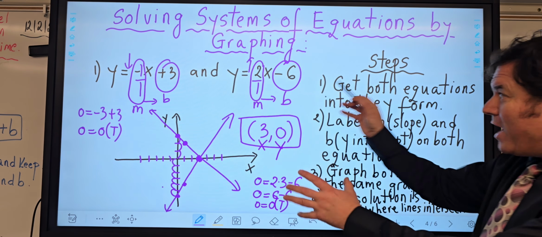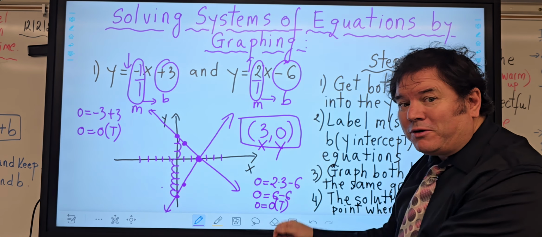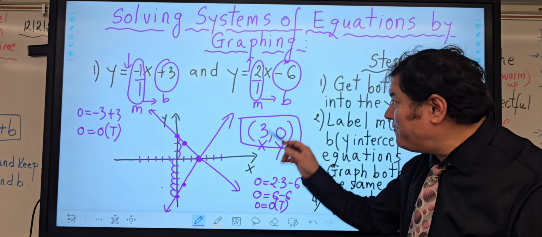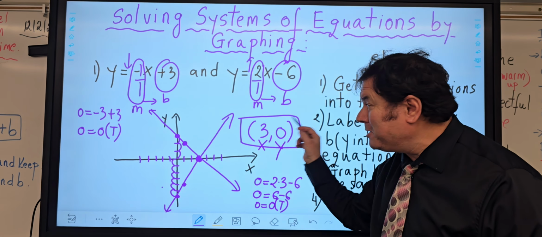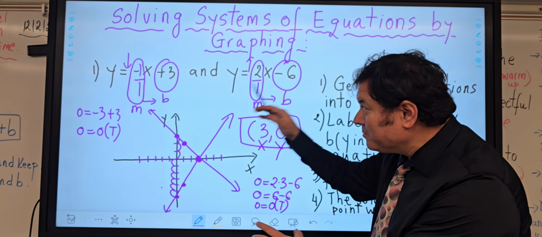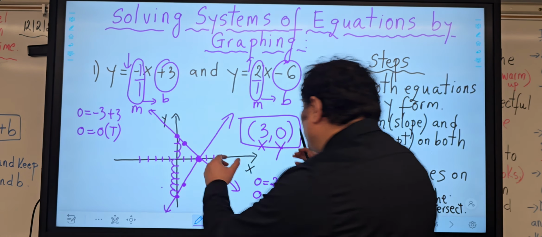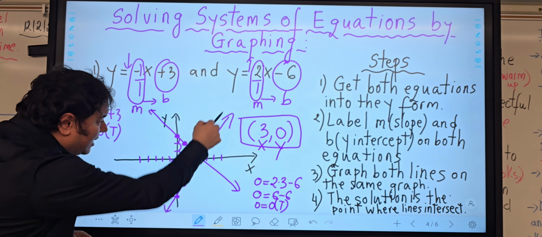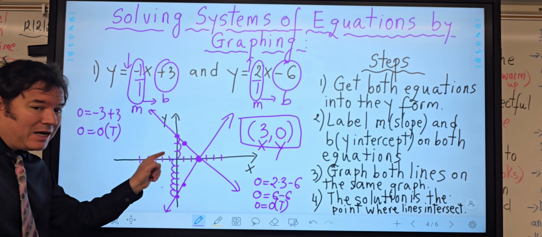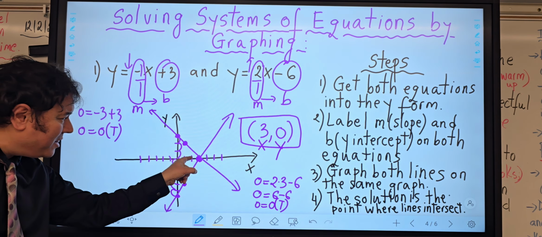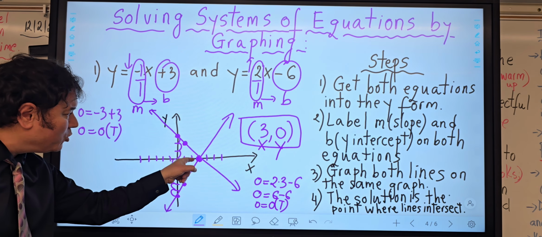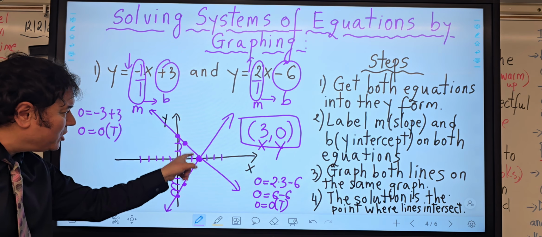And then we are going to graph both equations on the same graph, remembering we graph the b first because b stands for beginning, right? We graph b first and then the y. And finally, where the lines intersect is our answer. We have an answer right there. This point is the solution of this system of equations.